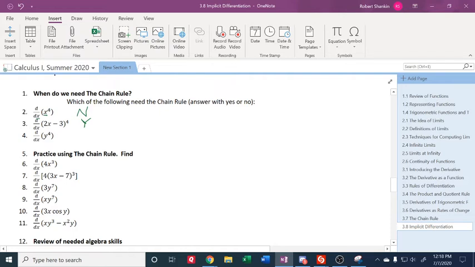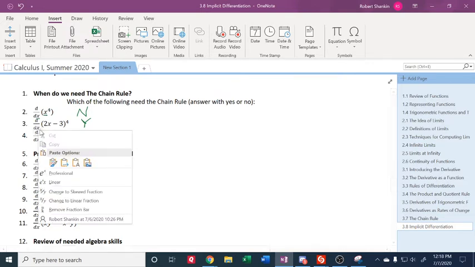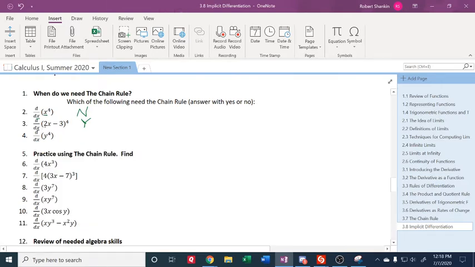No need for the chain rule. But when this and this don't exactly match up, then you need the chain rule. Because they don't exactly match up, this part that I underline here is a function of that x. And thus it's a function within a function.